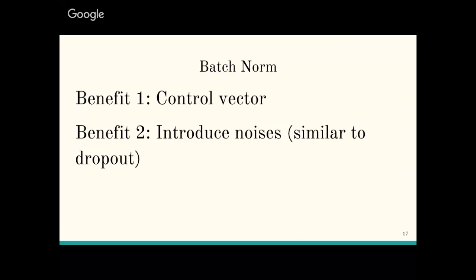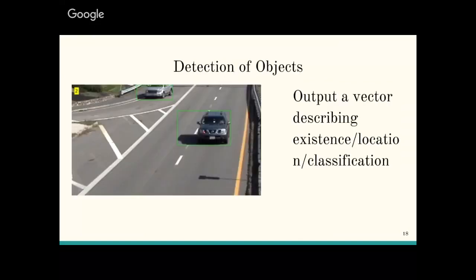The second benefit is to introduce noise, because we are changing the meaning of the data input. In such a sense, we are deliberately adding some unwanted elements inside the training process, which is quite similar to dropout. We are trying to prevent the problem of overfitting. Did everybody understand it?